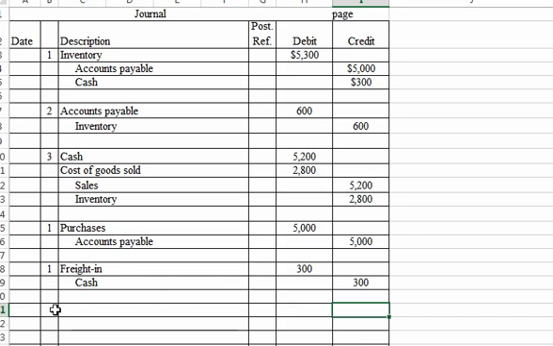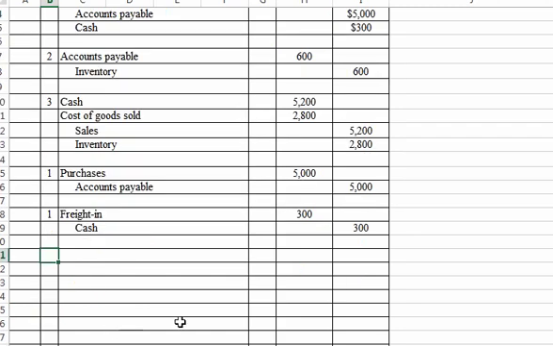Okay, now on number 2, John's returned some of the merchandise purchased in number 1. The cost of the merchandise was $600, and John's account was credited by the supplier. Okay, number 2, just like above, if we made a return, it's going to decrease what we owe on account, so we'll debit accounts payable to decrease the liability, $600.